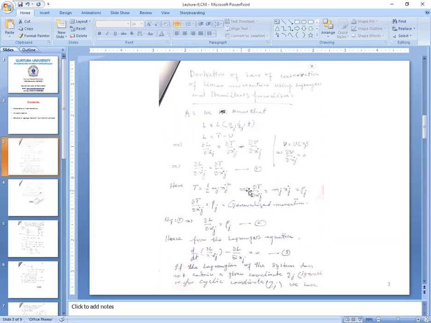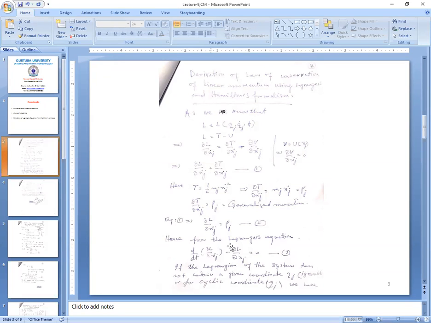If you differentiate this kinetic energy with respect to x dot j, it gives you m j into x dot j, which is equal to the generalized momentum pj. So ∂T/∂x dot j is equal to pj, and equation number one is reduced to ∂L/∂x dot j is equal to pj.